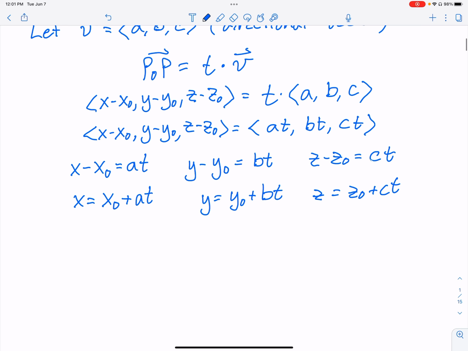Now, notice the different variables here. x naught is whatever point is given to us, and then A is the directional vector.